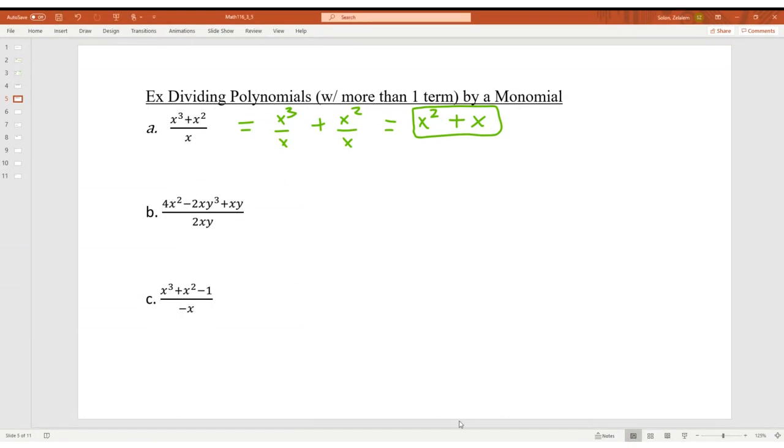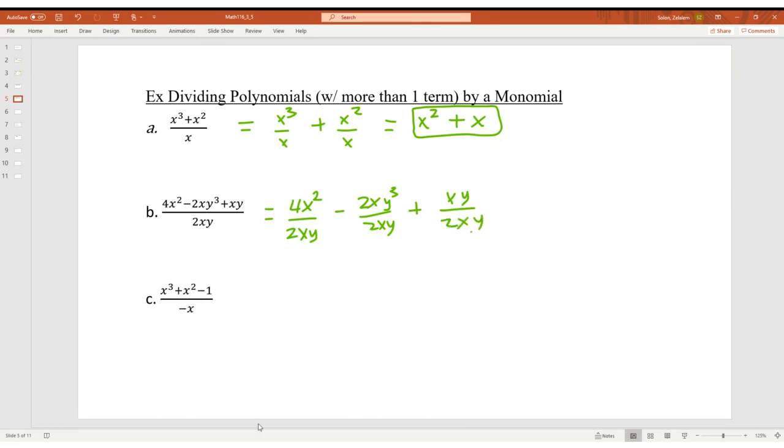So we do the same thing. I have 4x squared will be divided by 2xy minus 2xy cubed will be divided by 2xy. Okay, then plus xy will be divided by 2xy.